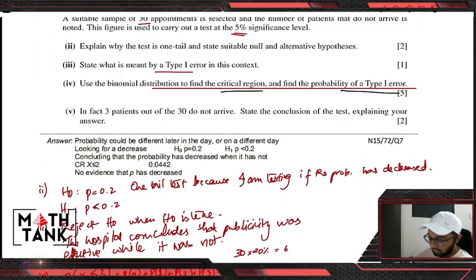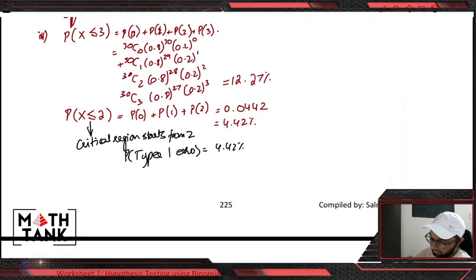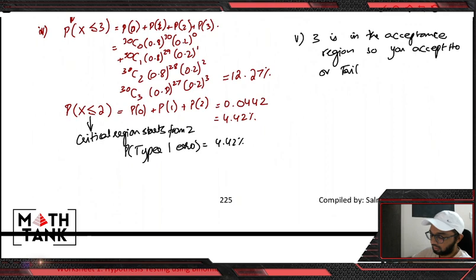Moving on, part 5. In fact, 3 patients out of the 30 do not arrive. State the conclusion of the test, explaining your answer. So 3 is in the acceptance region. So you accept H naught, or fail to reject H naught.